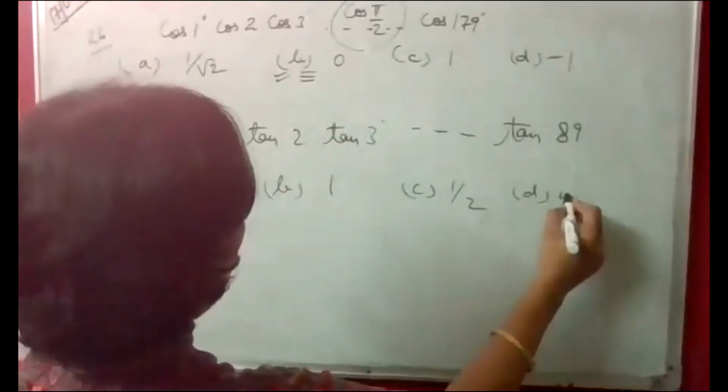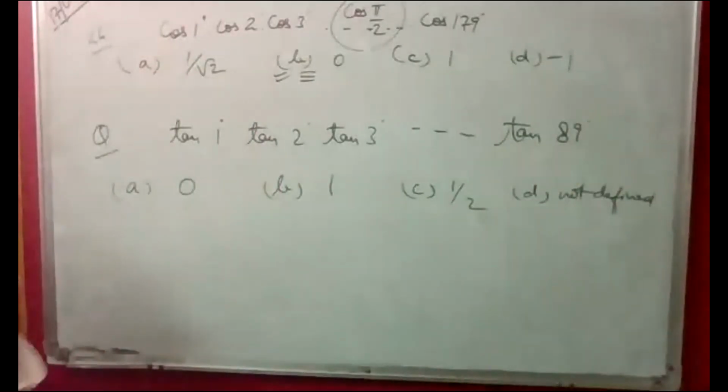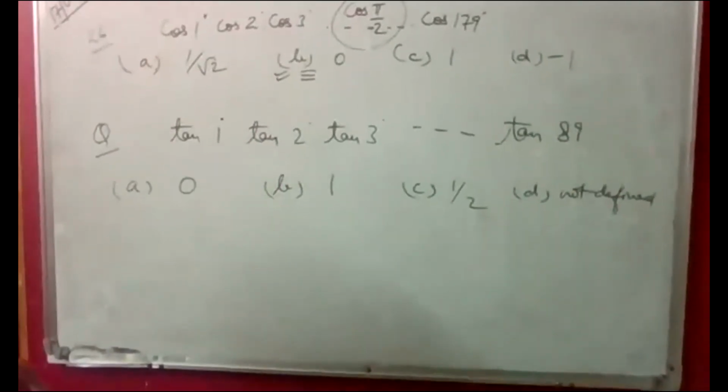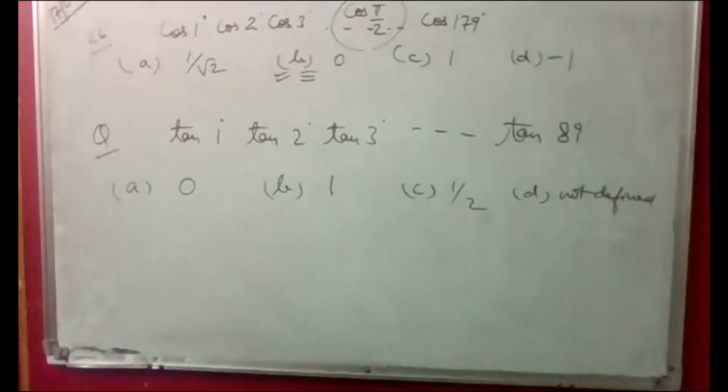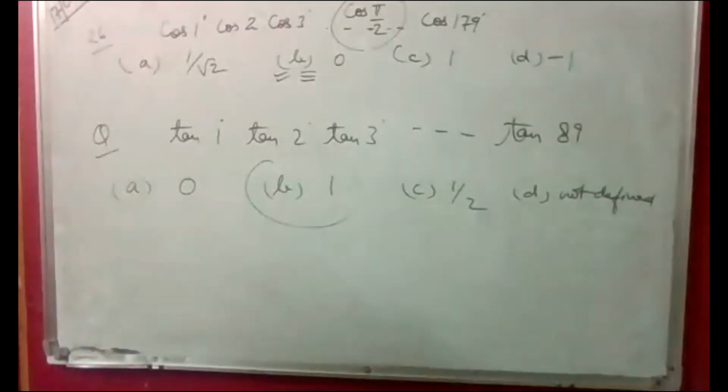And one option is not defined. Yes, who's giving the answer? Ansh. Yes, Ansh, what is the answer? B. Okay, B. How? Just explain.